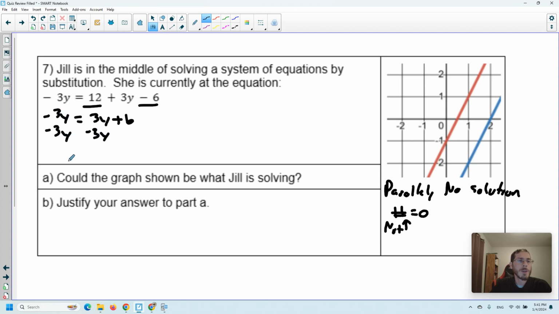So negative 3y minus 3y is negative 6y equals negative 6. I have to divide both sides by negative 6. And I get y equals 1. Well, y equals 1 is not number equals 0. So no, it can't be. Y equals 1 means that we should have one solution.